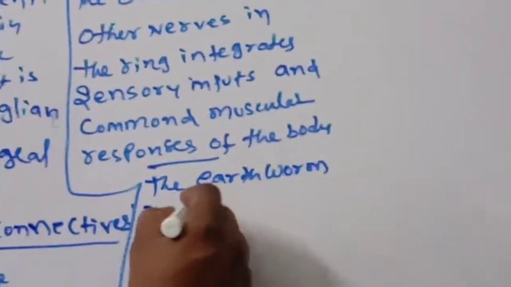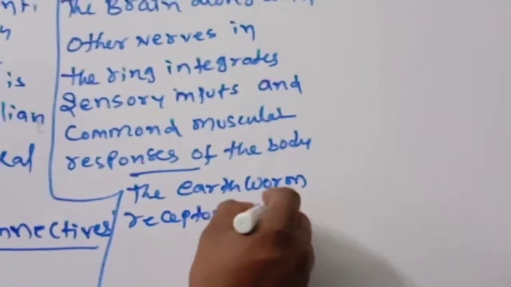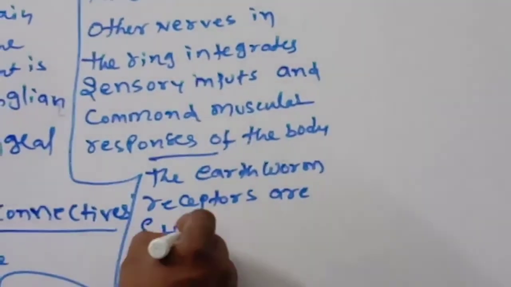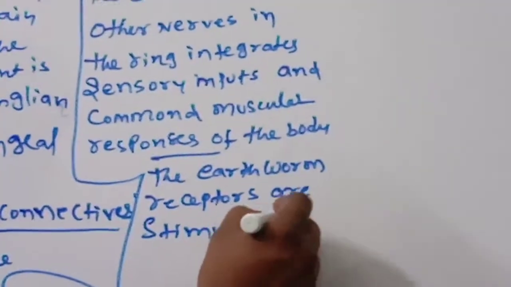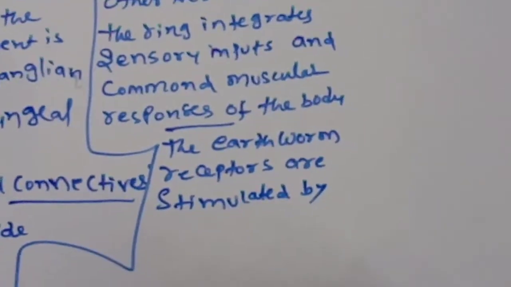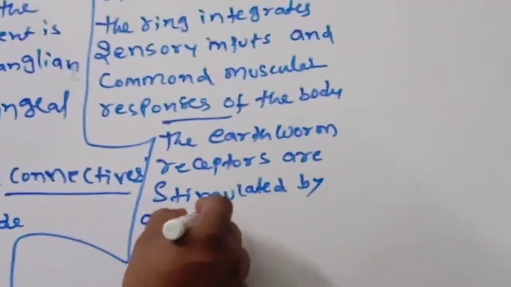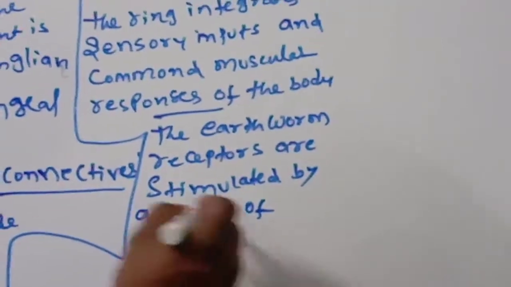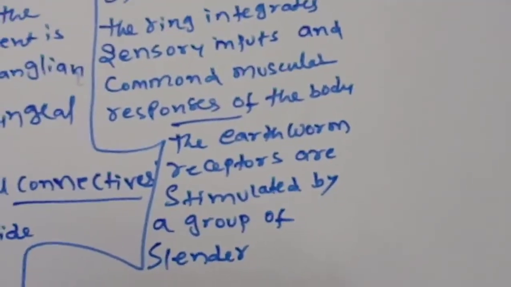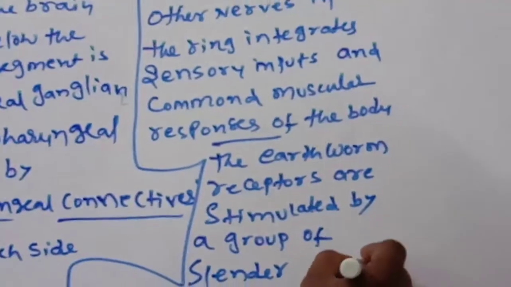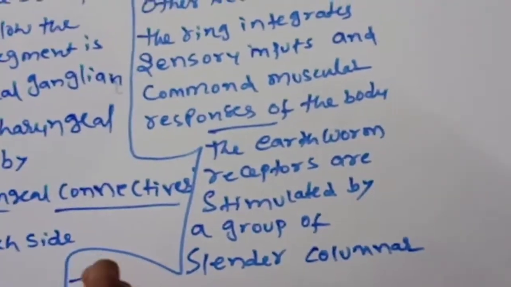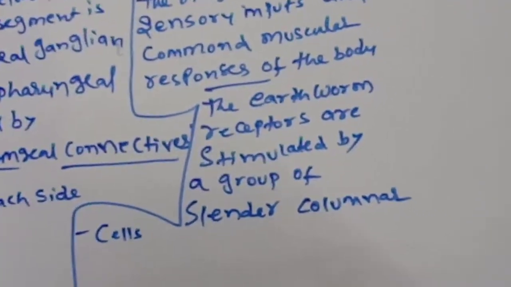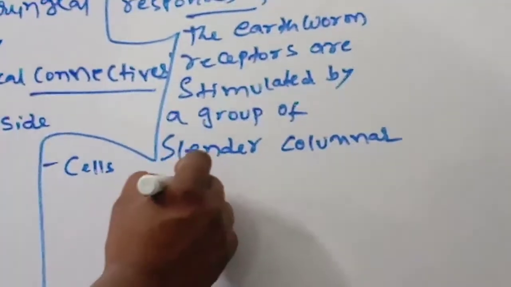Next, the earthworm receptors are stimulated by a group of slender columnar cells connected with nerves.